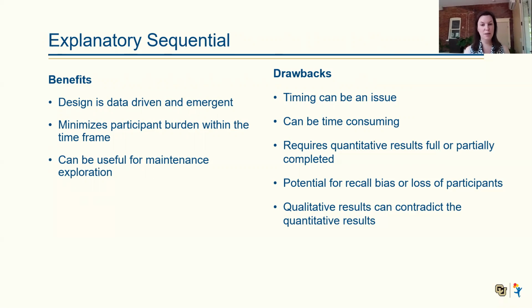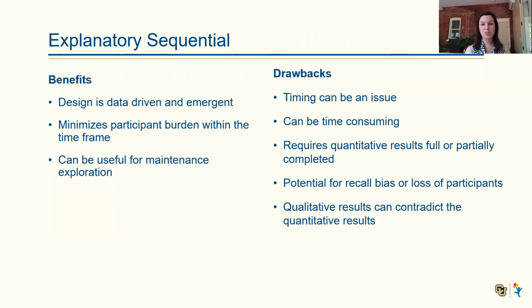Related to that, it can be time consuming, because you have to go back to your study participants and talk with them. And it does require your quantitative results to be at least partially completed, so it informs that second, qualitative phase.